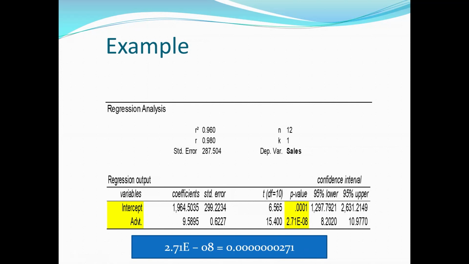I hope it is clear to you. So try to understand the result. That is what the result is given by the software. You don't have to do anything. All that you have to know is you have to understand it and interpret it. So if you take 100 samples, in 95 samples the intercept or the alpha value will be varying between these two limits.